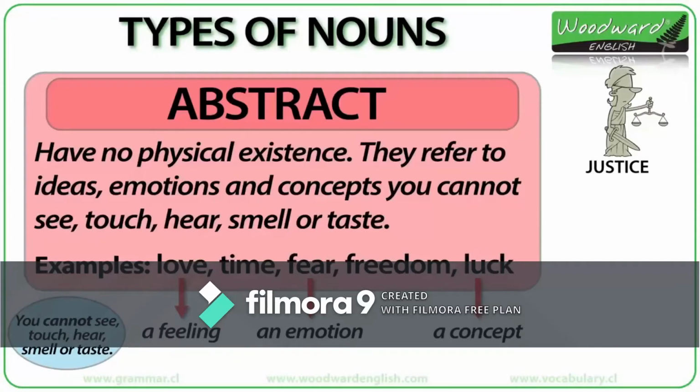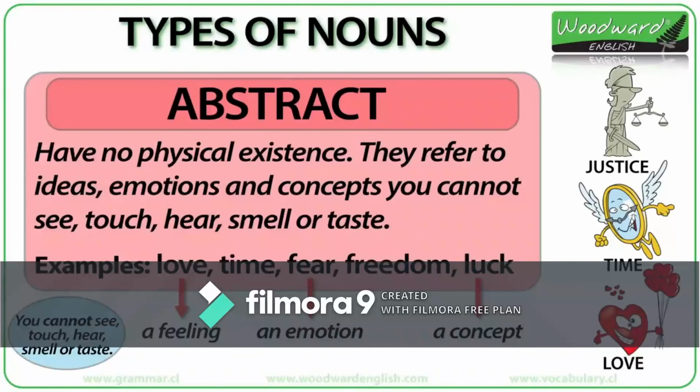Justice is not a physical thing. You cannot touch it, so it is an abstract noun. You cannot touch or smell or taste time. It is a concept that exists that does not have a physical form or physical existence, so time is an abstract noun. And we already mentioned that love is a feeling, not something that you can touch.